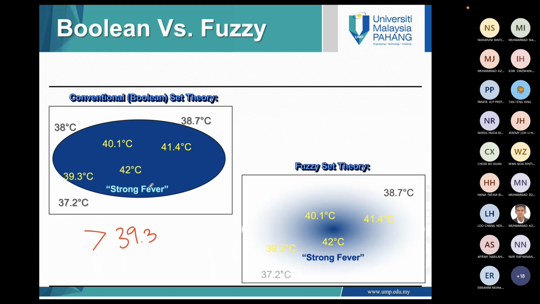That is the difference between the conventional Boolean set theory and the fuzzy set theory.